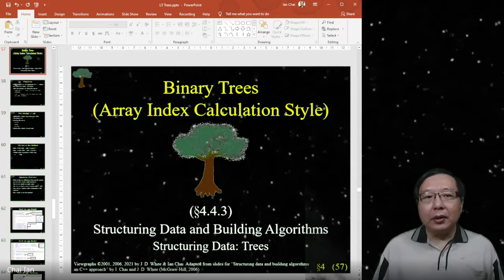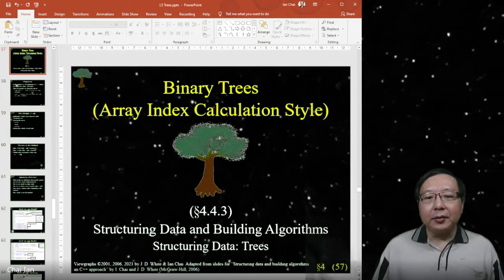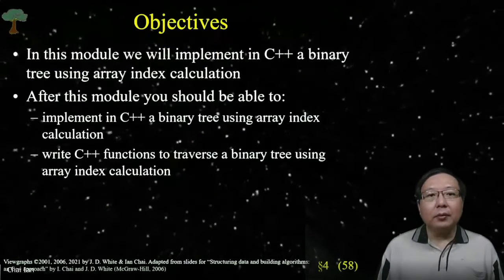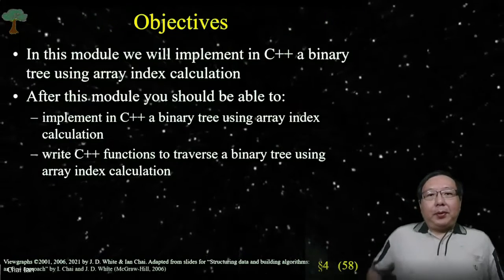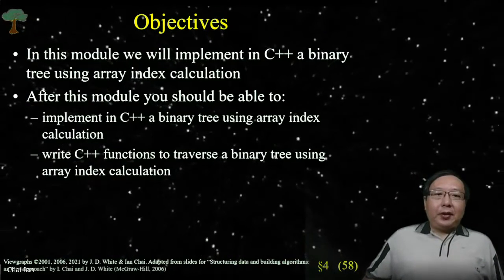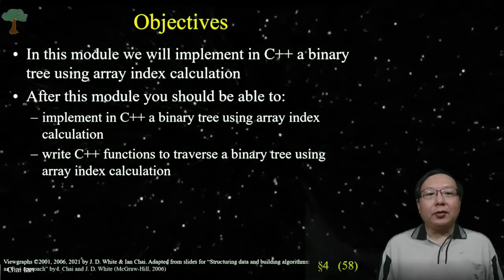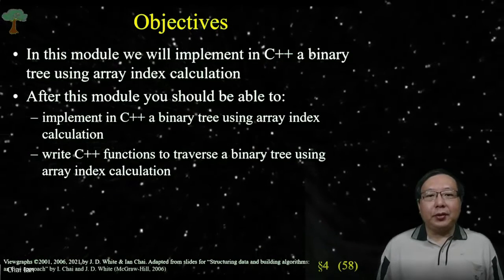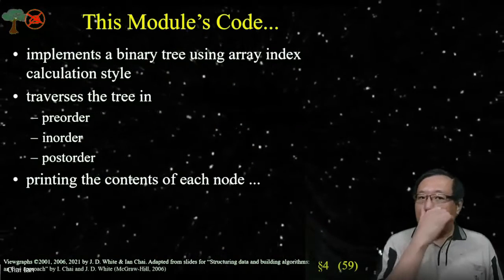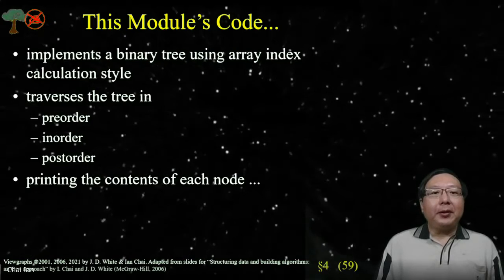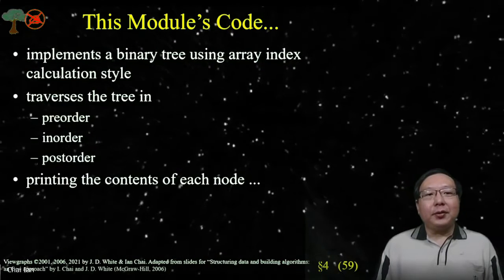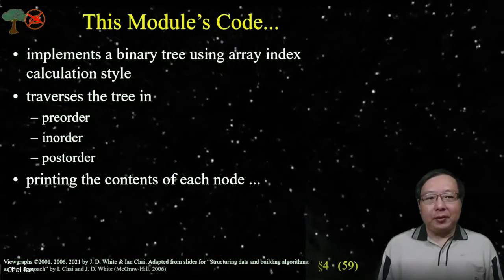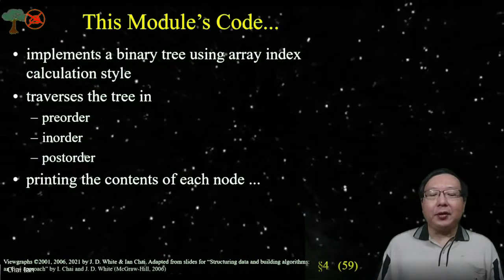Okay, so for array index calculation, we will implement this binary tree using index calculation. So we'll see how you actually do this. Binary tree using index calculation, doing the pre-order, in-order, and post-order traversal again, and printing the contents of each node.